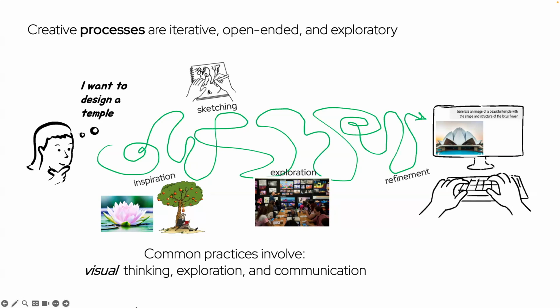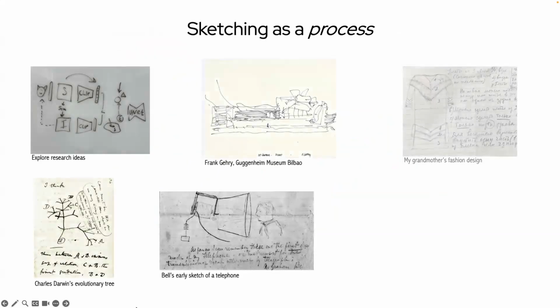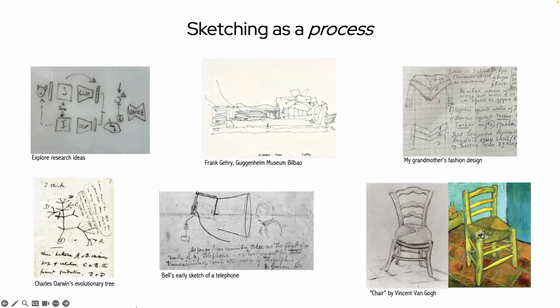So in my work, I'm also interested in supporting these early stages of exploration, and I want to show you a few examples of sketching and what it means. Sketching, beyond being a great testbed for abstraction, is also a great tool for exploration. Across disciplines, of course in design, but not only, often the first thing that we do is to sketch.